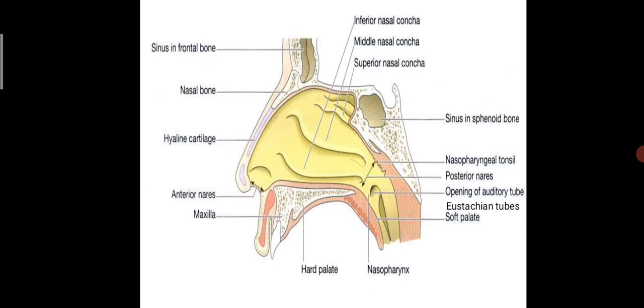These bones are supported by hyaline cartilage, and there are conchae present in nose. These conchae are the curvatures which provide more surface area for air traveling.